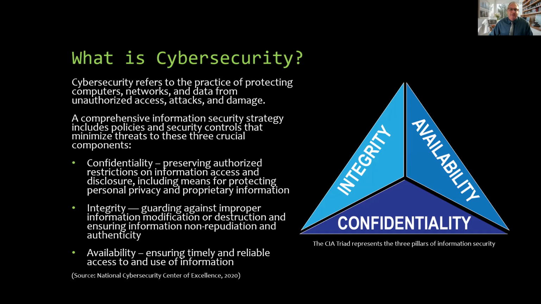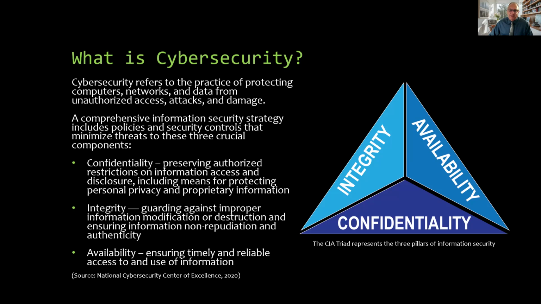A comprehensive information security strategy includes policies and security controls that minimize threats to three crucial components: confidentiality, integrity, and availability. Confidentiality is keeping your data confidential, either through encryption, or making sure that only the right people access the right data at the right time.